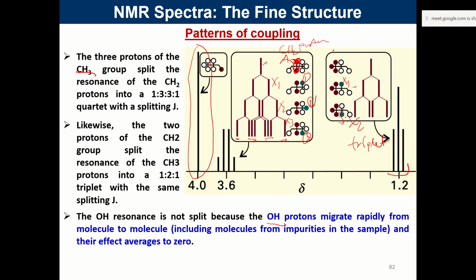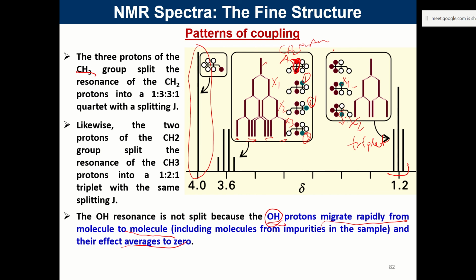It is forming a polar bond, and in the interaction of one molecule with the other, there is exchange of H. The OH migrates rapidly from one molecule to another molecule, and so in this process the average environment for it is such that there is no such interaction that can happen.